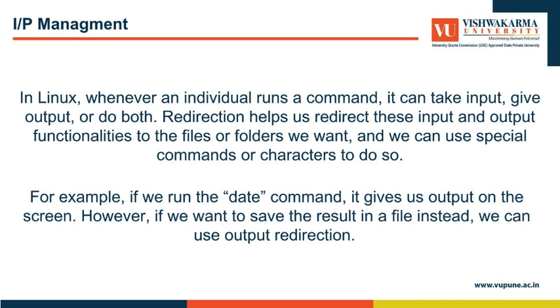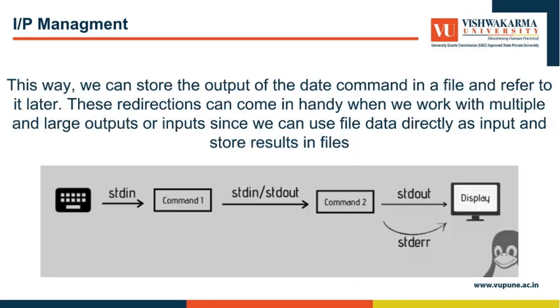However, if we want to save the result in a file instead, we can use output redirection. This way, we can store the output of the date command in a file and refer to it later. This redirection comes in handy when we work with multiple and large outputs or inputs, since we can use file data directly as input and store results in files.